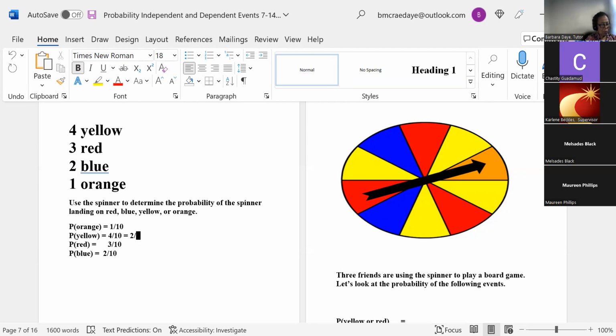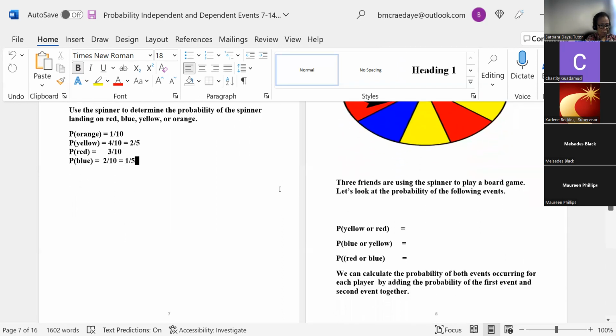So 4 over 10 is 2 over 5. That's right. 2 over 10, simplify. 1/5. That's right. So simplifying is just reducing to the lowest terms, right?